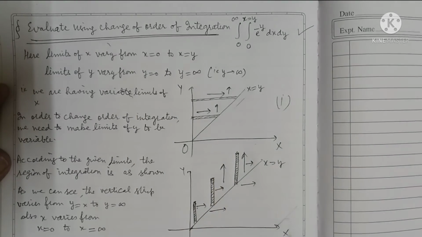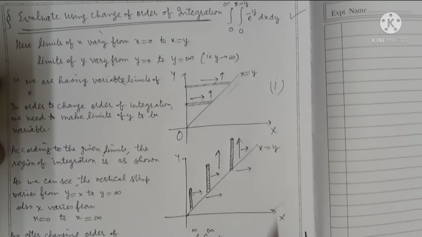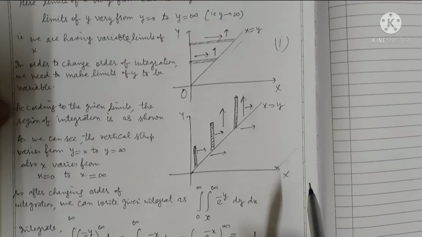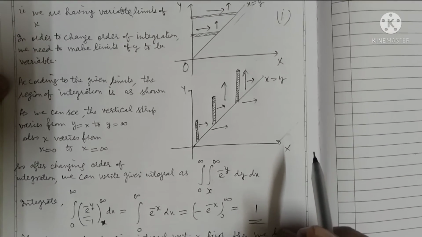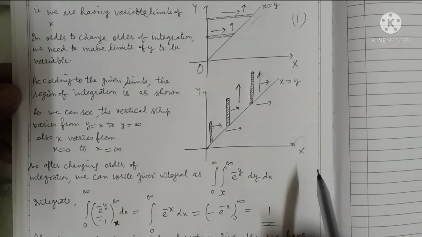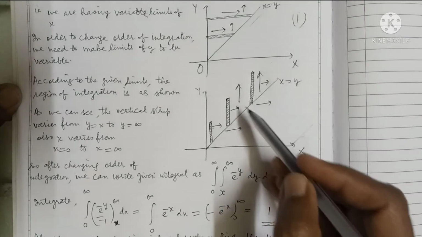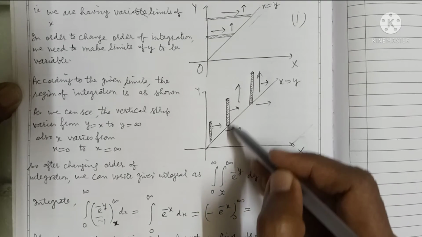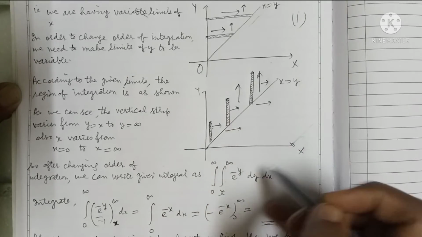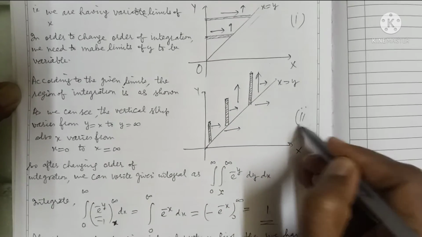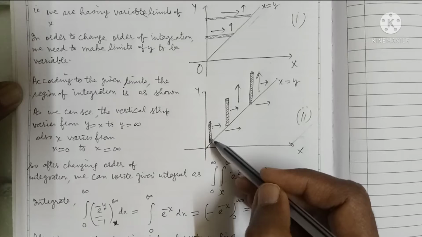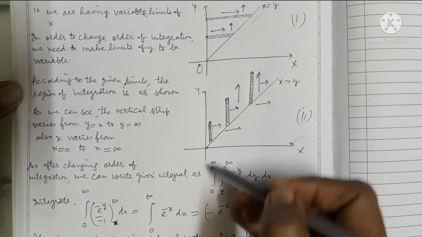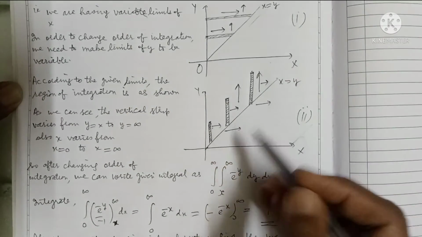Okay, so to change the order of integration, we draw a strip parallel to the y-axis. You can see in the second figure, we have plotted a strip parallel to the y-axis in the vertical direction.